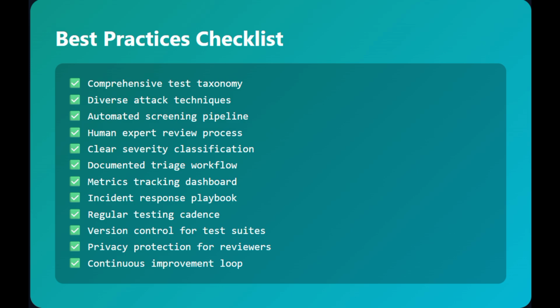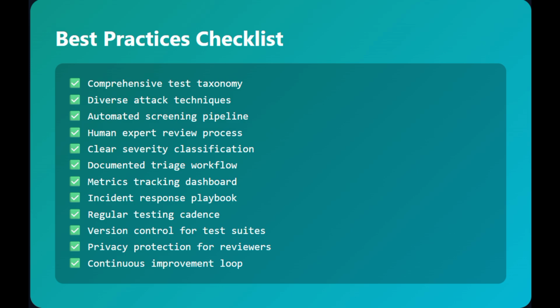Document clear severity classification so everyone agrees on what critical is, and track the metrics over time, because baselines are meaningless without trends. Version control your test suites like production code, and critically, protect your reviewers. Red teaming means exposure to harmful content, so provide mental health support.